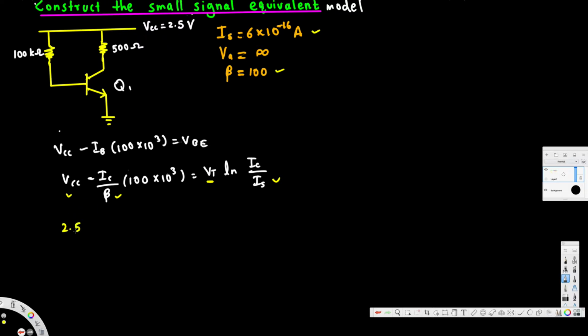So this is going to be 2.5 minus IC over beta, 100, so I put it in the denominator, times 100 times 10 to the power of 3. And VT is equal to 26 times 10 to the power of minus 3, and then ln of IC over IS. IS is 6 times 10 to the power of minus 16.